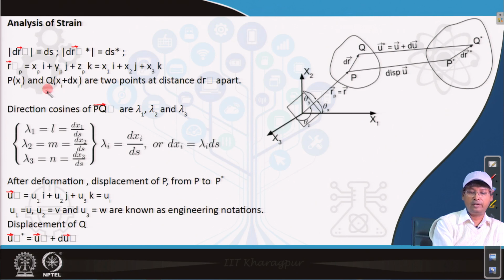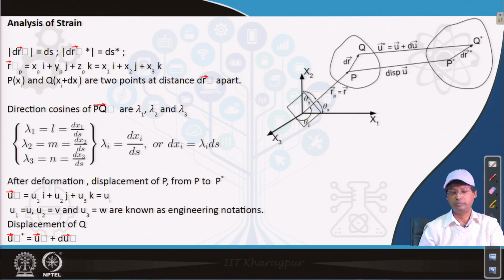Now, as I mentioned, delta r is an increment from here, and that is the point q, x plus d x i, the 2 points at a distance of d r apart, and these 2 points are changing to these 2 points, d r changes to d r star, and because of that the displacement involved here is u and here is u plus delta u. Let us try to see what happens.